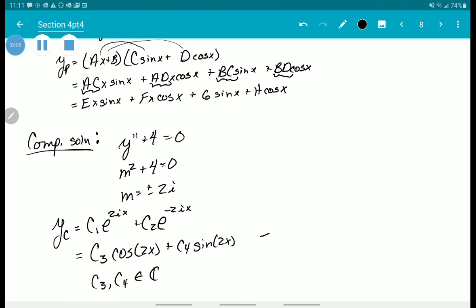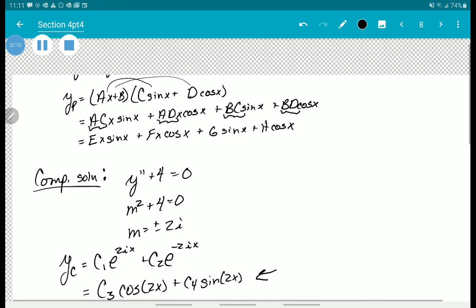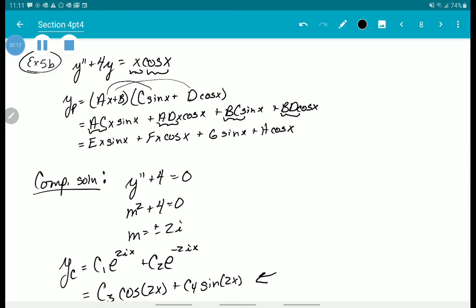We're looking for duplication. Is there any duplication between this and what our form looks like here? And no, we see that the angles are different. In the particular solution, we're looking at sine of x, cosine of x, sine of x, cosine of x. But in the complementary, we're looking at cosine and sine of 2x. So those angles are different.